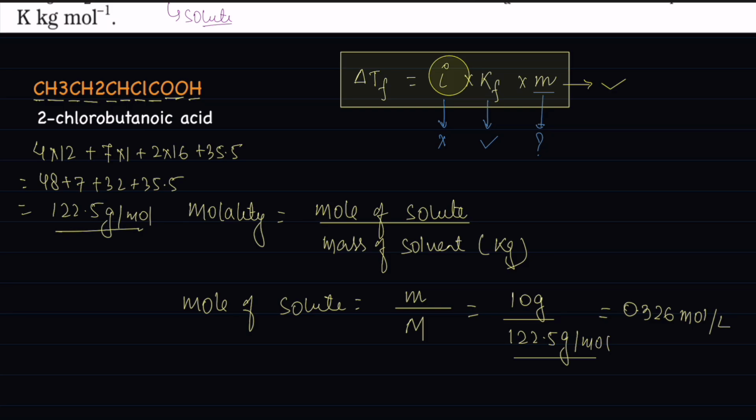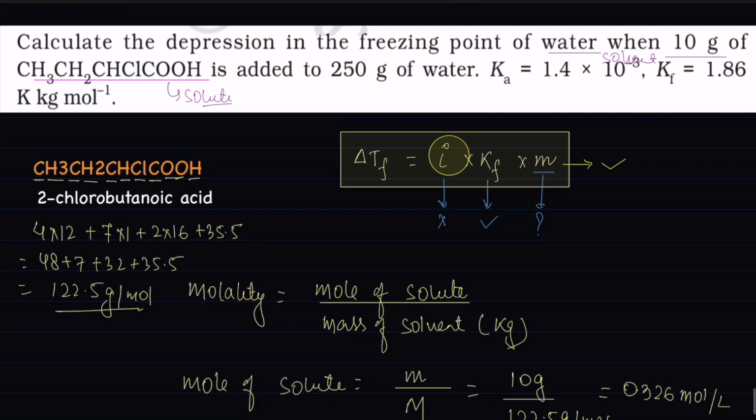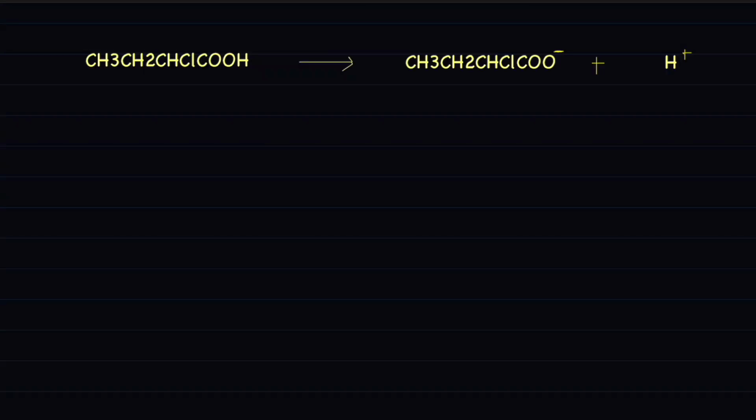So to solve this Van 't Hoff factor, we need to see how this reaction is done when we are breaking the 2-chloro-butanoic acid. So let's write down the reaction. So this is our reaction. Here 2-chloro-butanoic acid gets dissociated into positive and negative ions.